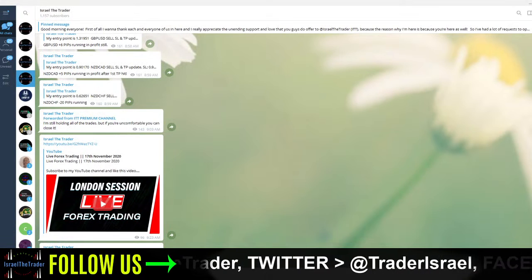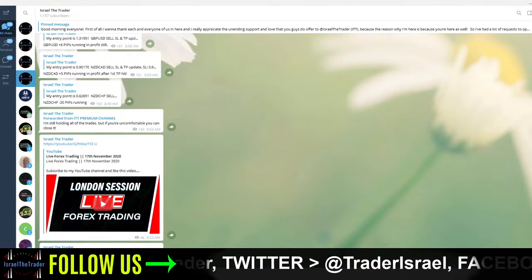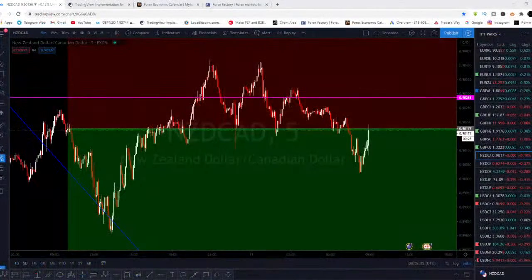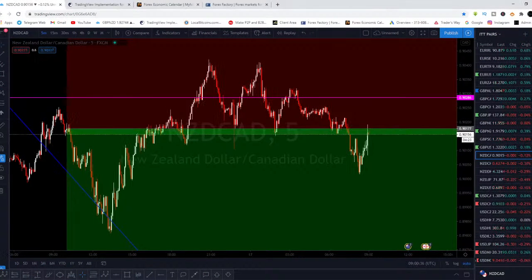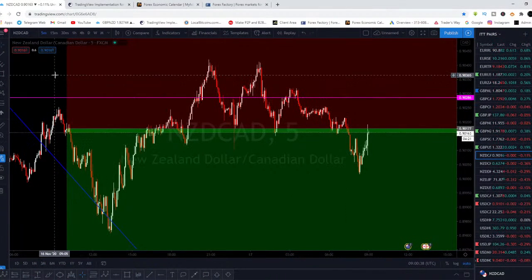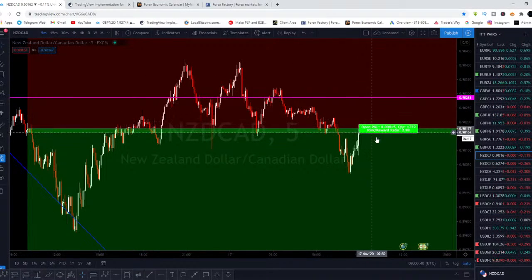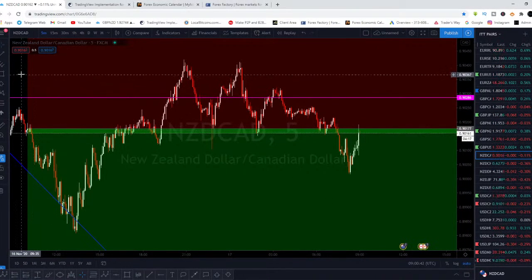I'm about to close this NZD CAD around break even, guys. So that's it. I got to close it around break even, though it might still push to the downside. But nah, I'm not going to stay in it again. So closing at around break even. There we go.